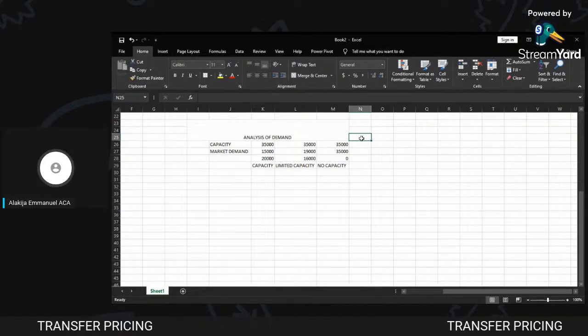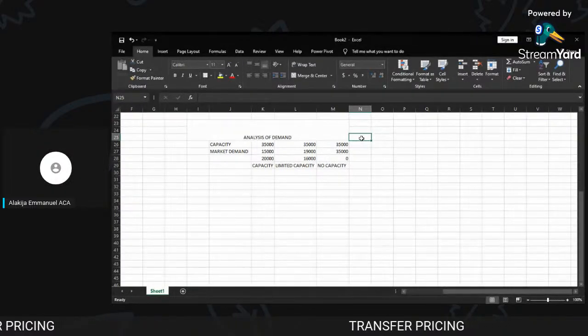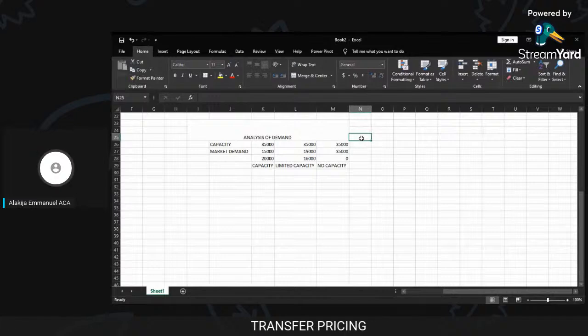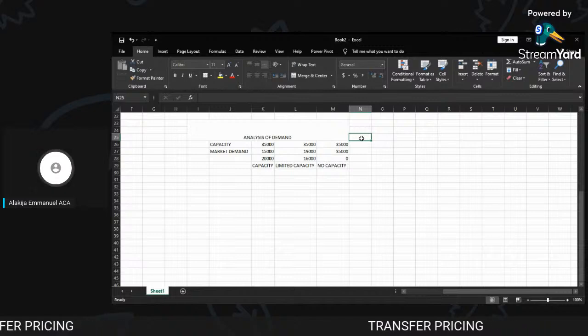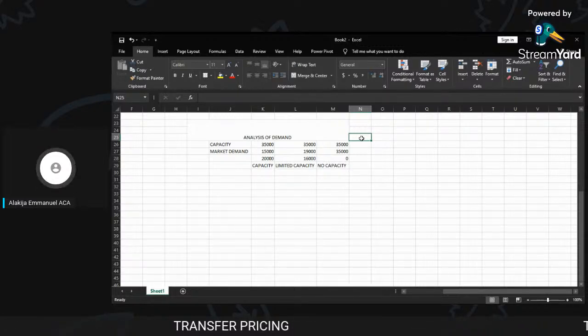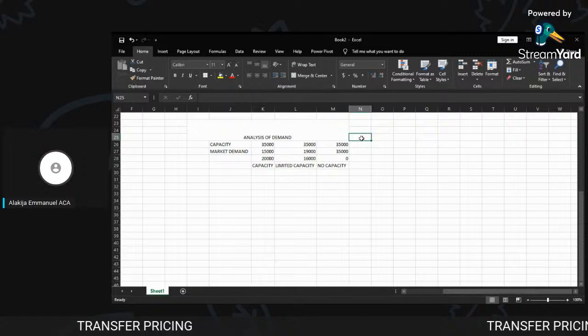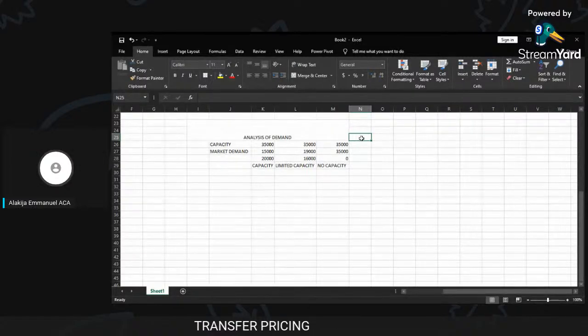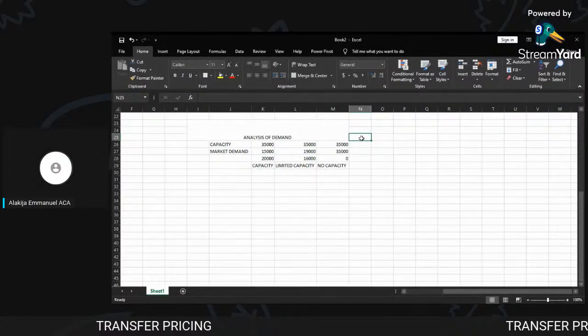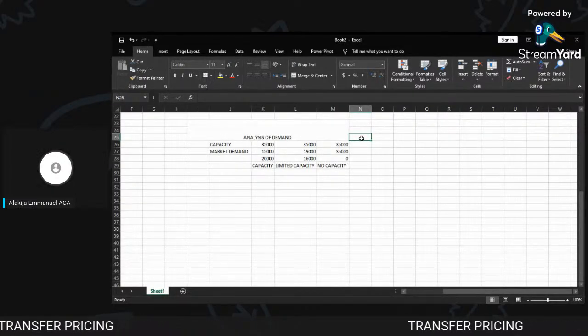Now, they are telling us that internal demand must be met and Y must buy from X regardless. So you see that X can sell to Y here at variable cost alone, because the opportunity cost here is 0.